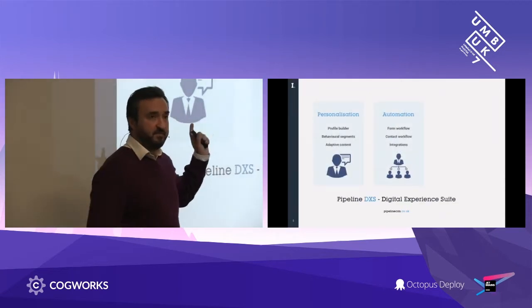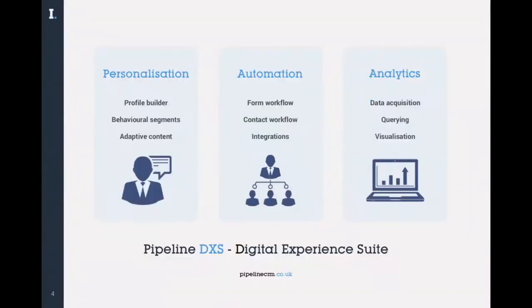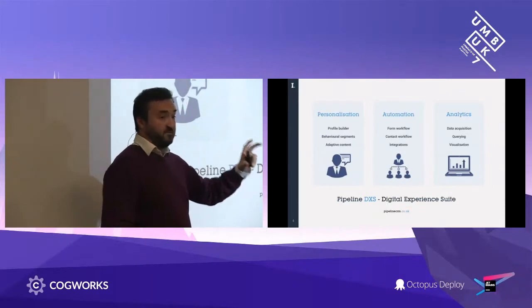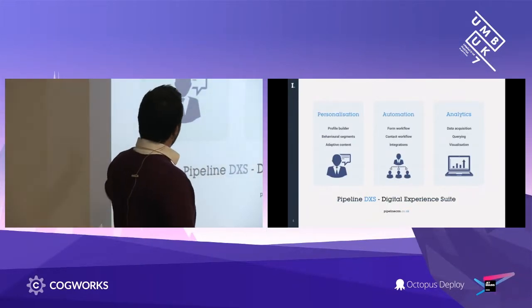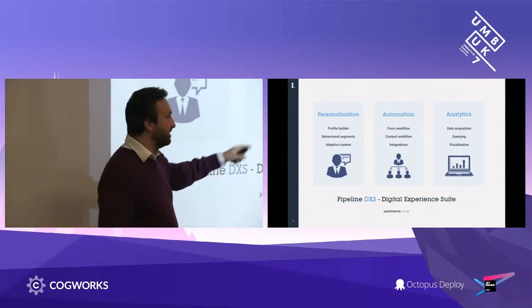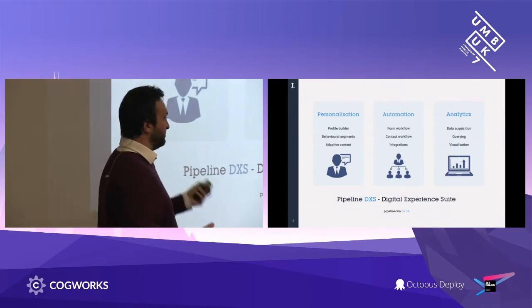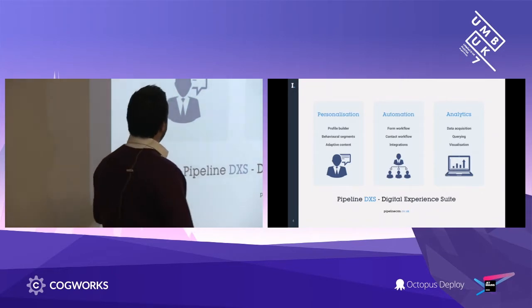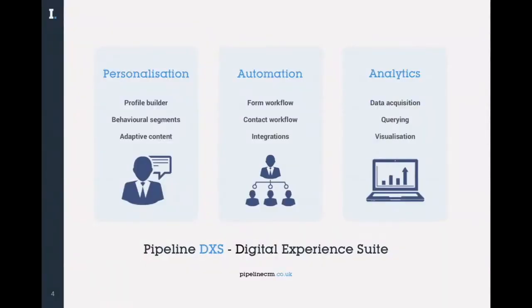On the back of Pipeline CRM, which is the open source bit, for any of you that did see the talk or one of the panels at Code Garden this year, there's going to be a commercial component to that. It's something that we will call, it's a working title, Pipeline DXS or Digital Experience Suite. On top of the free Pipeline CRM, we're going to be adding value adds, things like personalization with profile building, behavioral segments, content that adapts based on the profile of the user, things about automation.